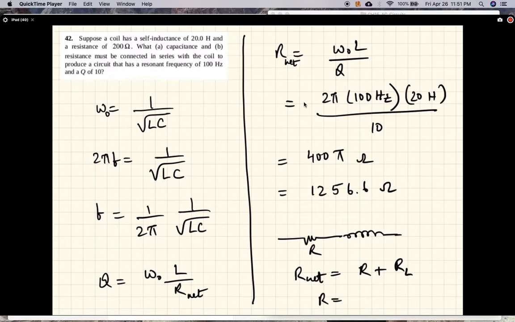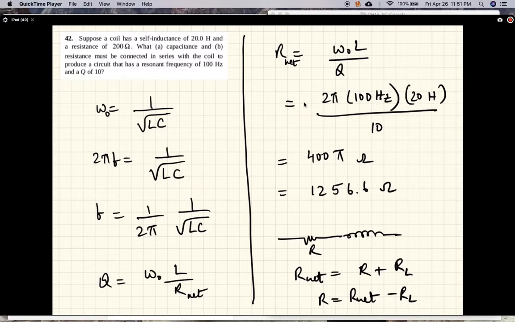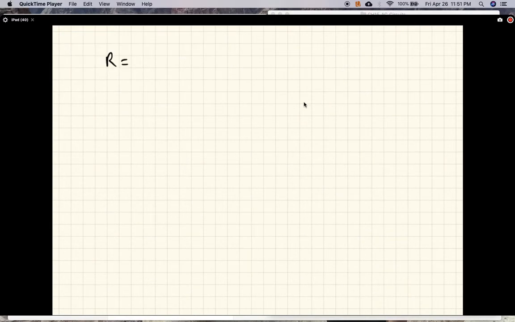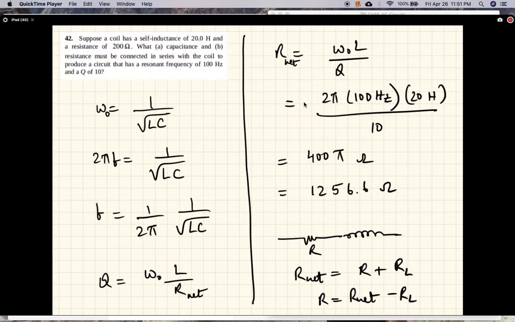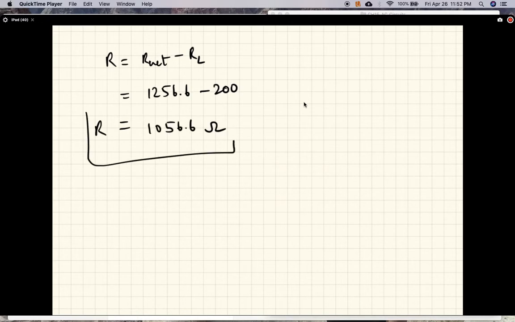So R should be R net minus RL, and so the additional resistance we need to connect is given by R net minus RL, equal to 1256.6 minus 200, equal to 1056.6 ohms. So roughly 1,000 ohms. A kilo ohm resistor is what we need to connect.